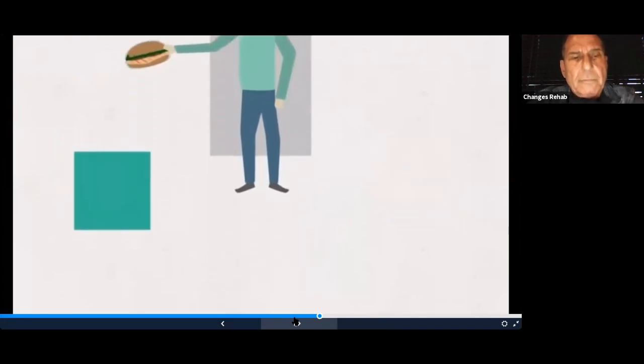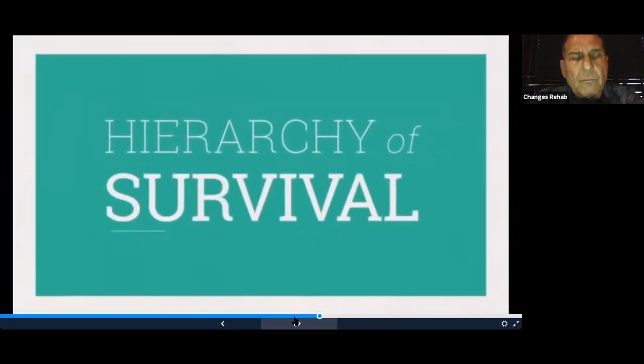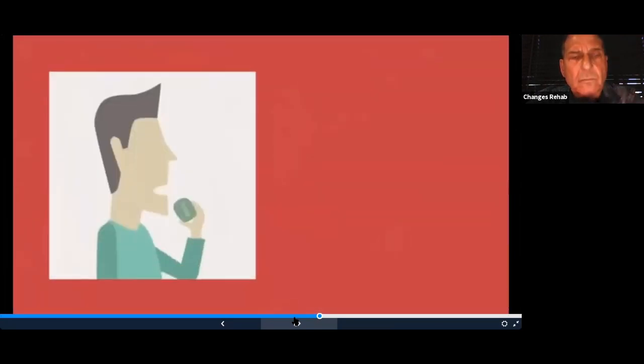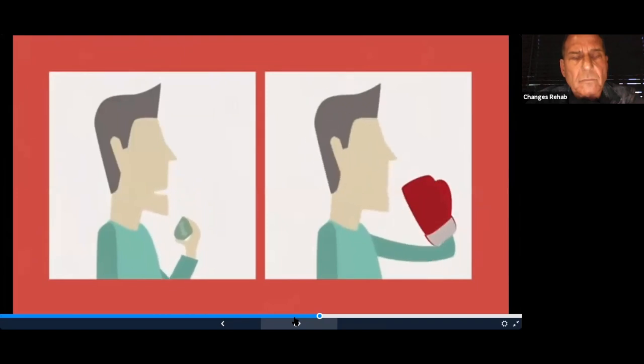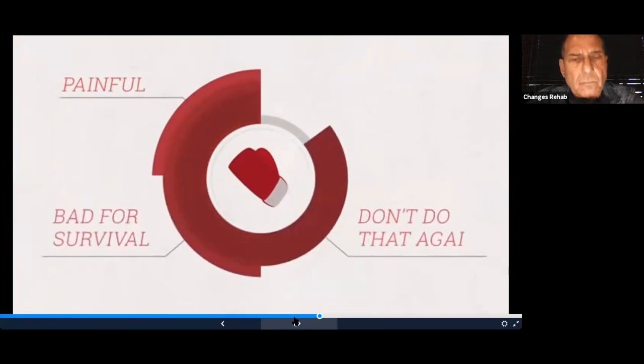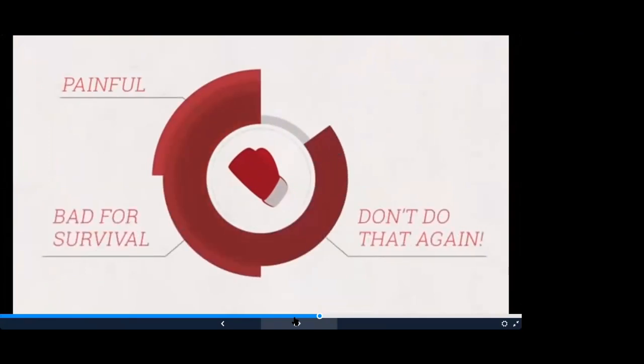As such, your brain creates what's called a hierarchy of survival, which ranks how important each of these things is to your survival. Now, there are some things that will not cause the release of dopamine, like eating soap or punching yourself in the face. The brain knows that these things are not good and therefore does not release the pleasurable dopamine because your brain does not want you to do it again.